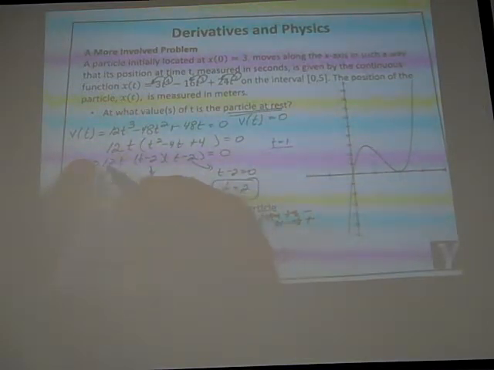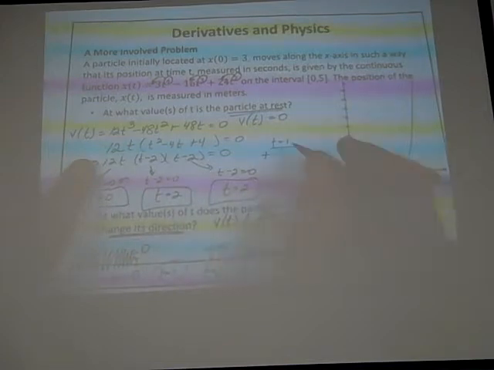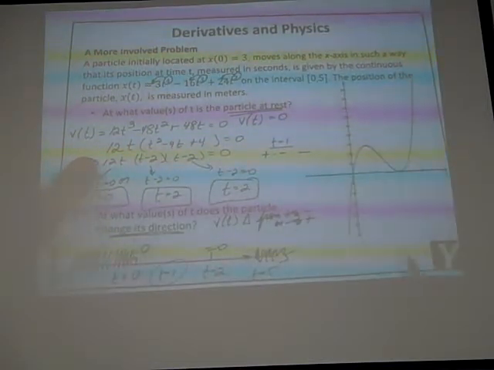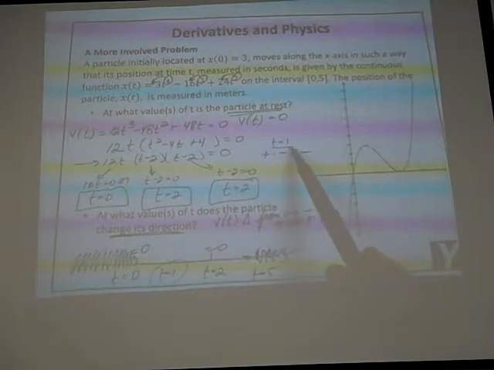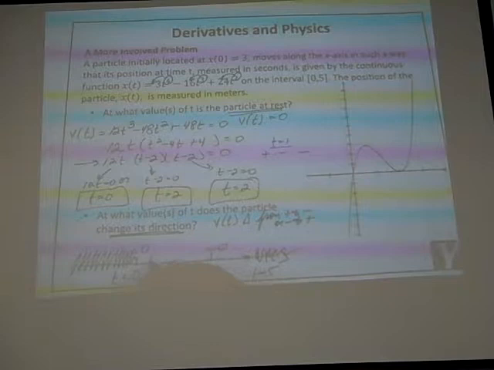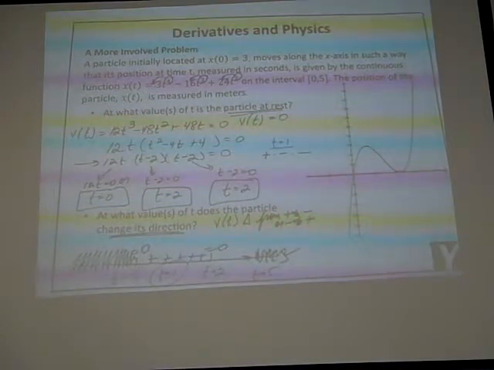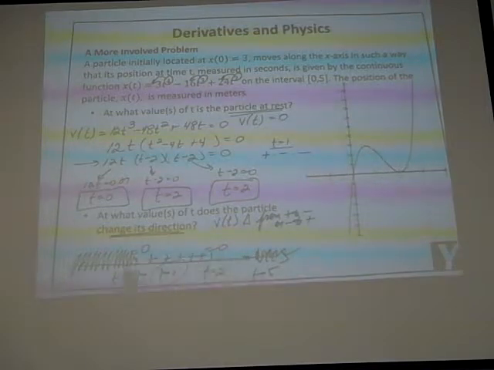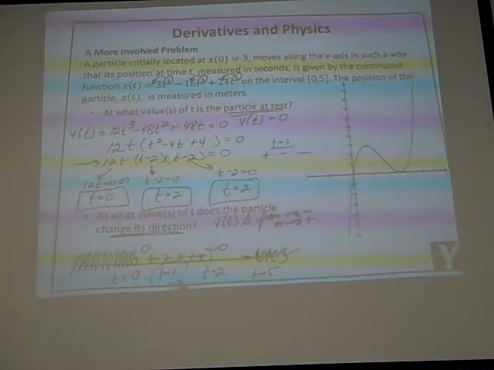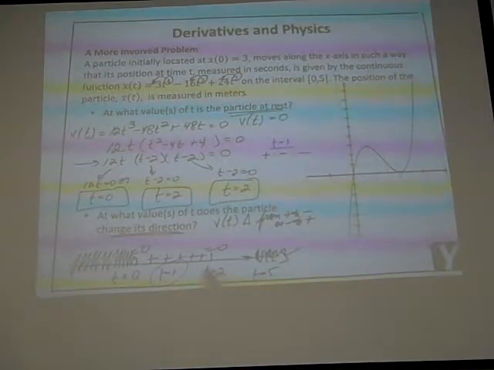If t is equal to 1, 12 times 1 is positive 12. 1 minus 2 is negative 1. 1 minus 2 is negative 1. At time t equals 1, I have positive times negative times negative, positive. The velocity is positive, and not just at t equals 1 second, but for any value of t between 0 and 2.